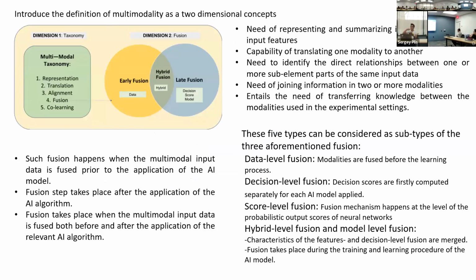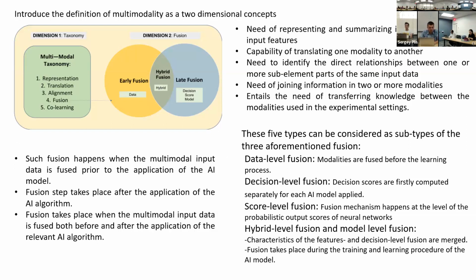And then they introduce the definition of multimodality as a 2-dimensional concept. In the first dimension, based on the taxonomical definitions of multimodality, they categorized it as representation, translation, alignment, fusion, and co-learning. Representation is the need of representing and summarizing in a proper way the input features.